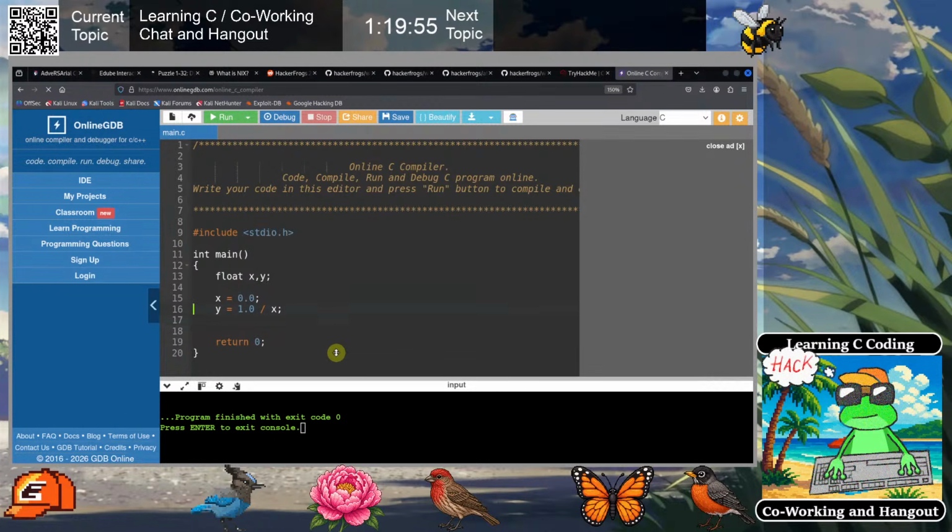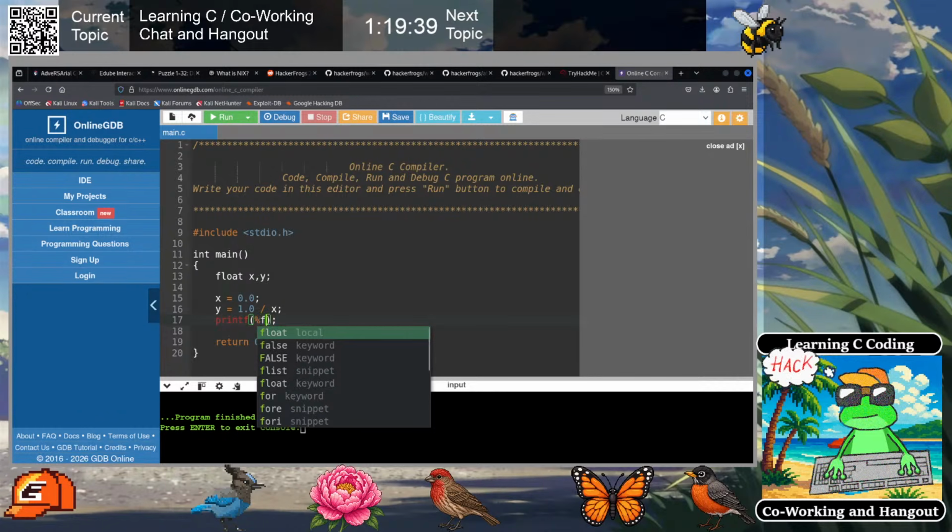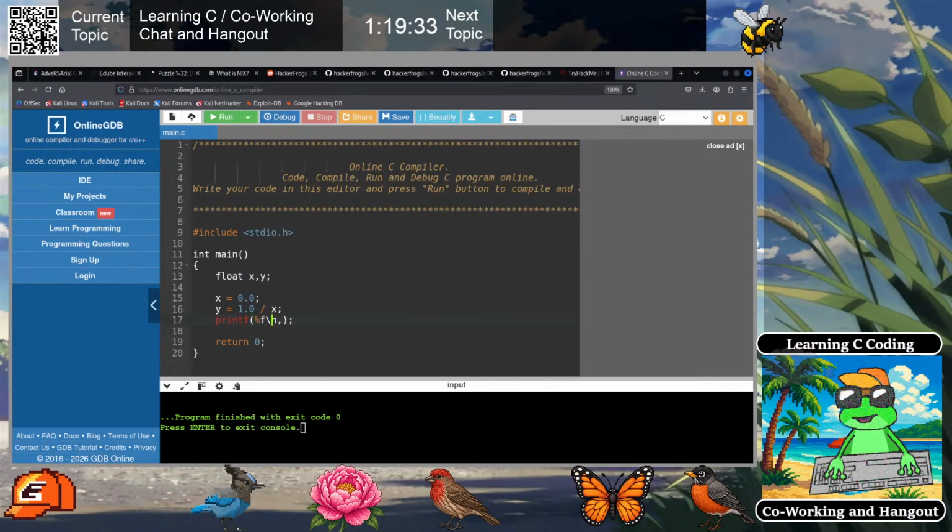I guess what we can do is try to print this out. printf, and we print out a float, so it's %f\n, put it between these, right?